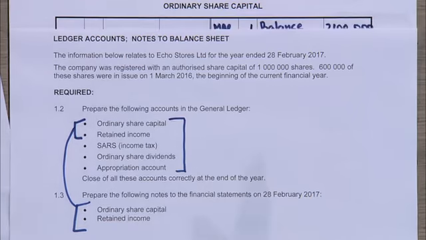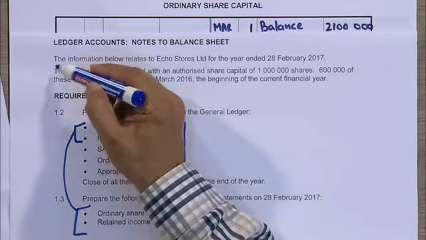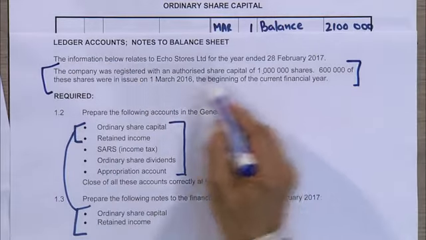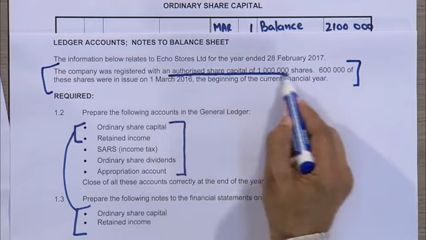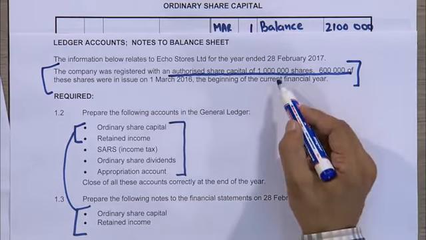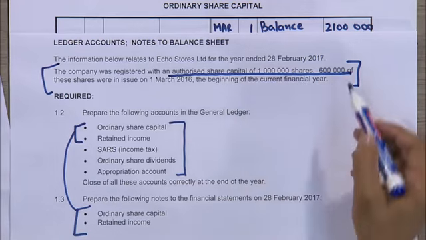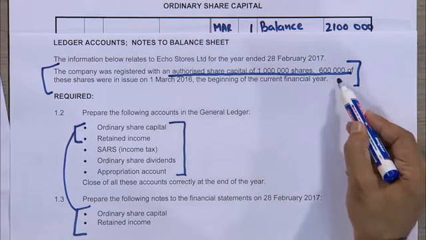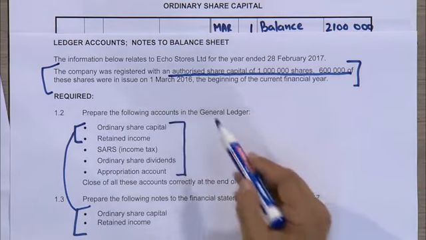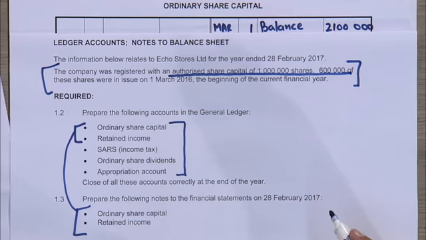What's also important in the information, where we need to read metrics, is this part over here. It says that they are authorized, the maximum number of shares the company is allowed to issue. They are authorized to issue 1 million, and they have already issued 600,000 up till the 1st of March 2016, which is the beginning of the financial year.